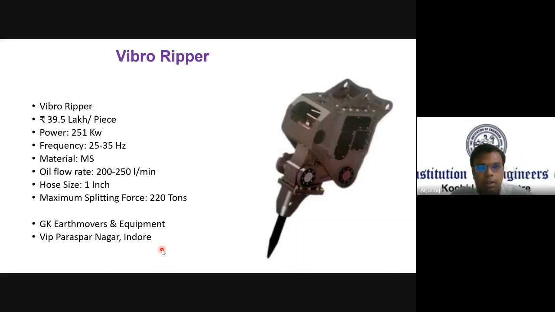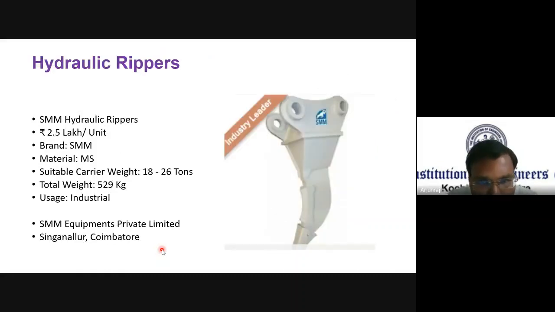You have the next important thing called hydraulic ripper. Again, you have the cost which comes around 2.5 lakhs per unit, and here again the carrier weight capacity is slightly on the lower side, 18 to 26 tons, and the total weight is going to be 529 kilogram.